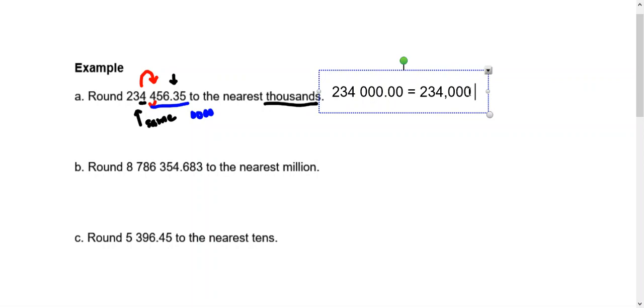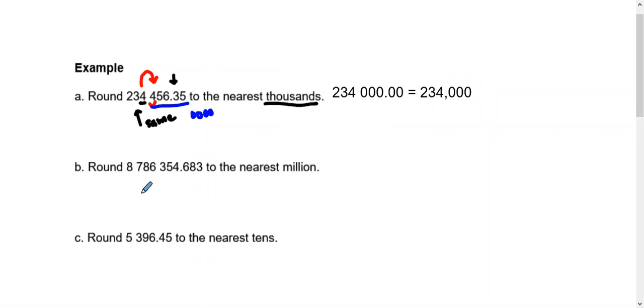If you were determining how many thousands of dollars you make, or how many kilometers are left on my car, I could say it's approximately 234,000 kilometers. That helps. So let's do a couple more, and then hopefully your thinking is going to make sense, and we will continue with that learning.